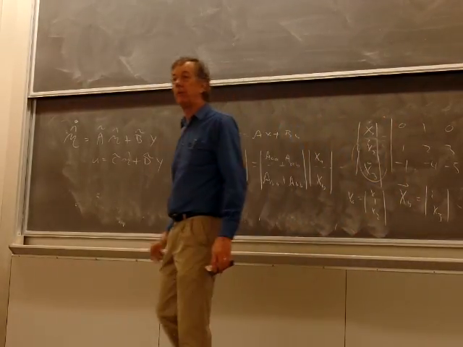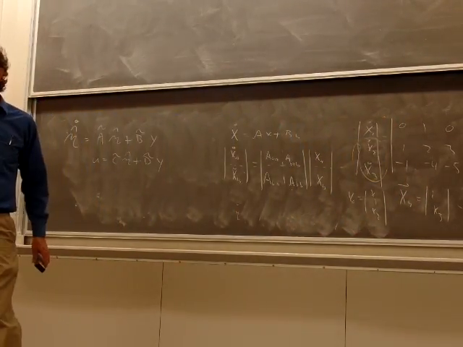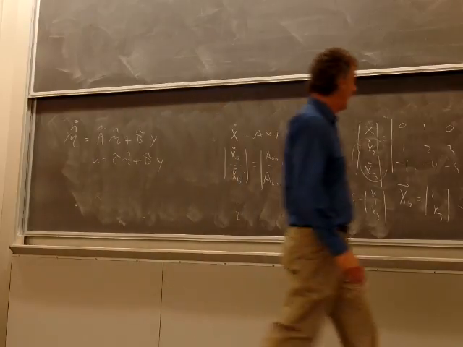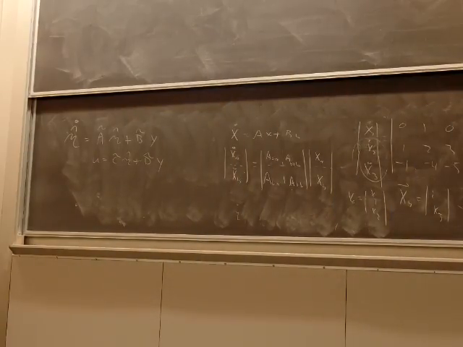So my A would then be 0, 1, 1, 2, 0, minus 1, and this would be minus 5. That says I only have to estimate one variable. The other two I can directly measure.